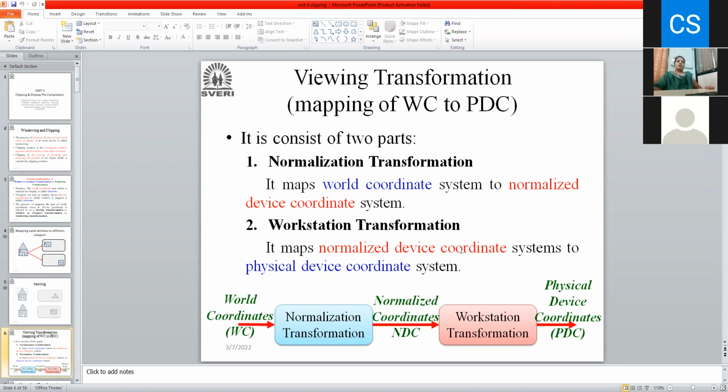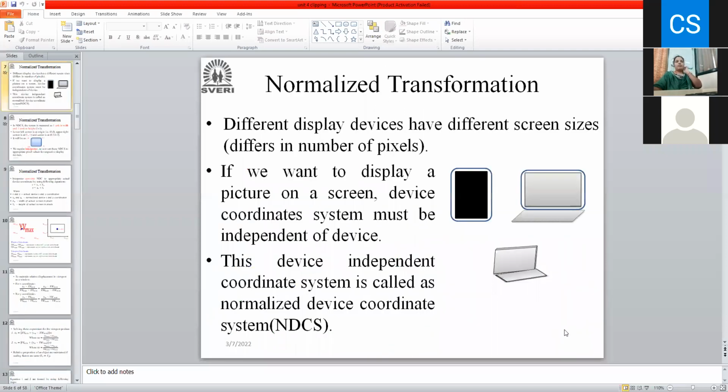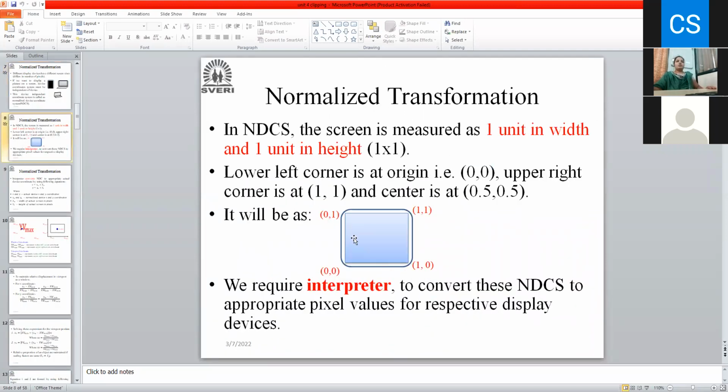That is done in the workstation transformation. These two steps give you the shift from the world coordinate system into the physical device coordinate system. So it is the normalized transformation of the one by one or unit block.